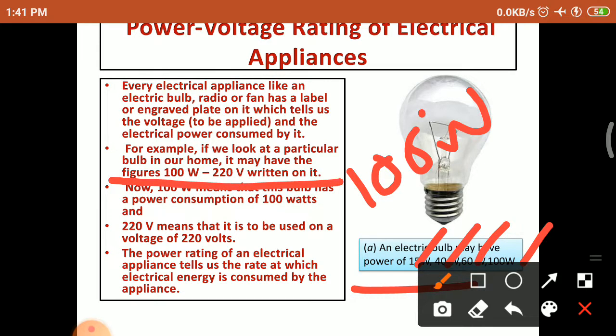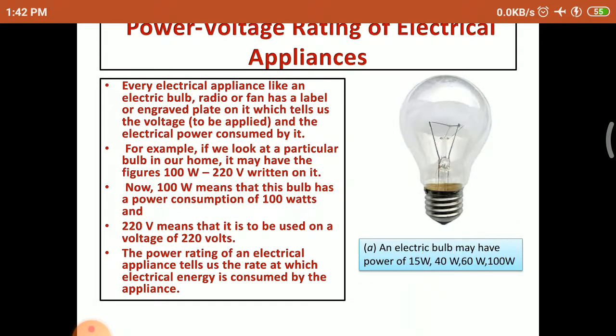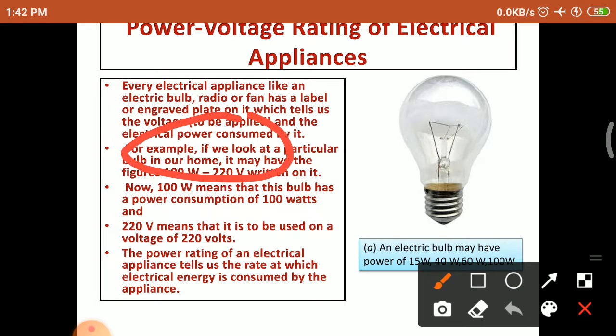Dear students, please check the electrical appliances and gadgets in your home. Take any electrical gadget and see what is written. They must write the power of that gadget along with the voltage. For example, on a bulb they write 100 watt and 220 voltage. So what is the meaning of this 100 watt and 220 voltage? 100 watt means that this bulb consumes 100 joule per second.